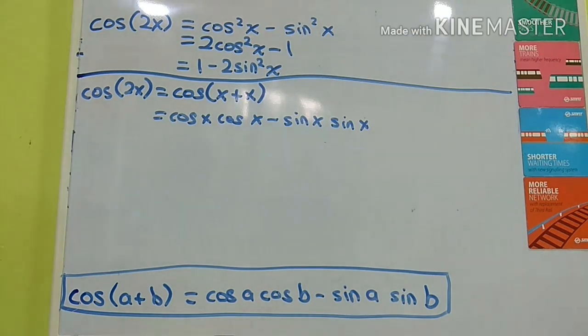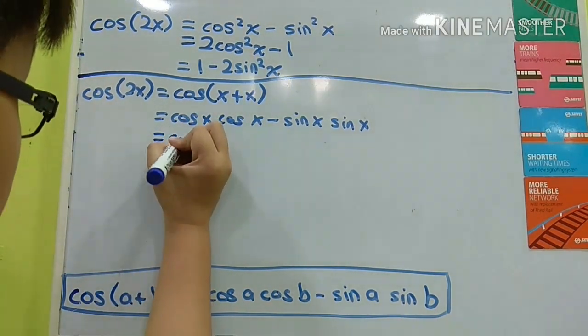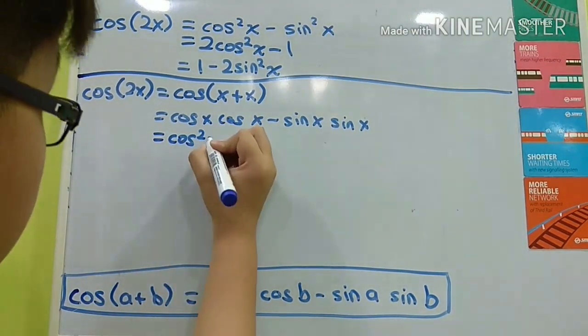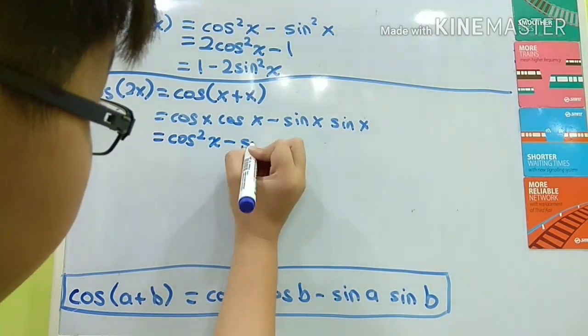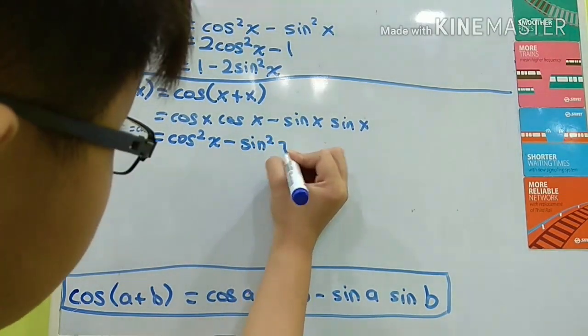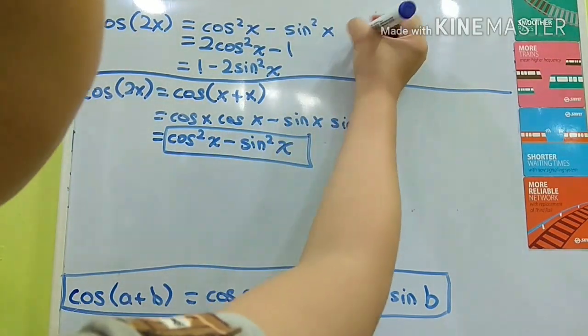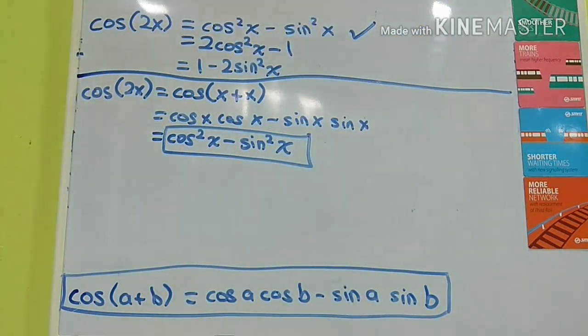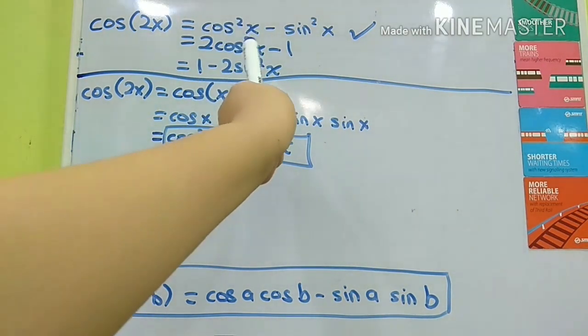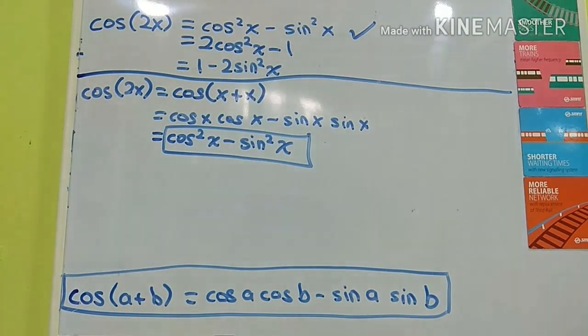But don't forget, we have to simplify the terms. Cosine square of x minus sine square of x. And this is our first equation that we got. We are done with that already. And now all we have to do is use this to solve the rest of the identities.